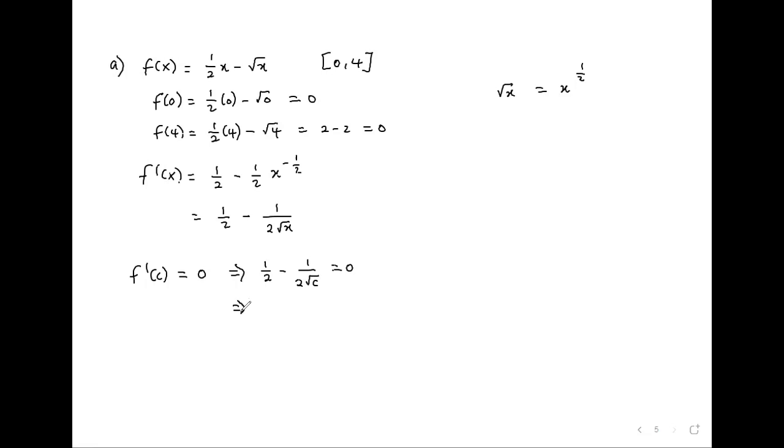If we multiply throughout by 2 root c, we get root c minus 1 is equal to 0. So root c is 1. And when we square, we get c is 1. But for sure, 1 is a number that lies in the interval 0, 4. So we have found such a number c, which lies in there, such that when you take it in the first derivative, you get 0.